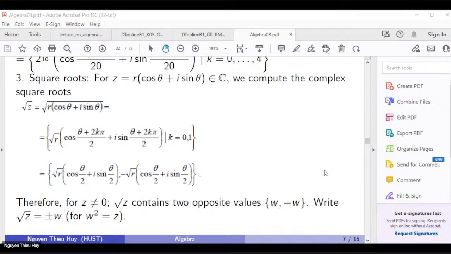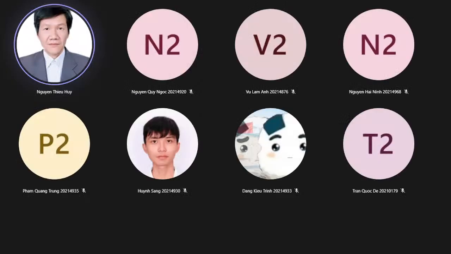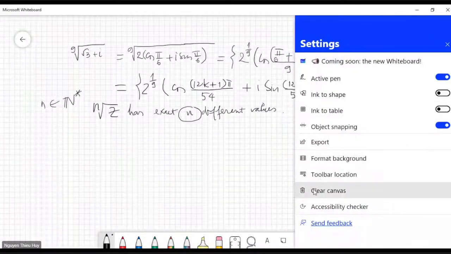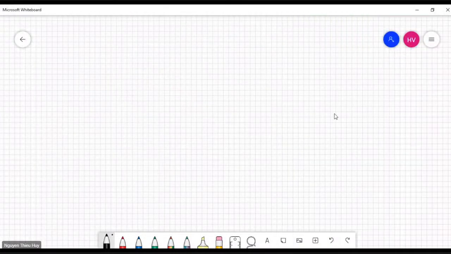Okay, let's return to the whiteboard. What we have here is something nice. This means that the square root contains two opposite values, plus or minus. Let's draw the unit circle.